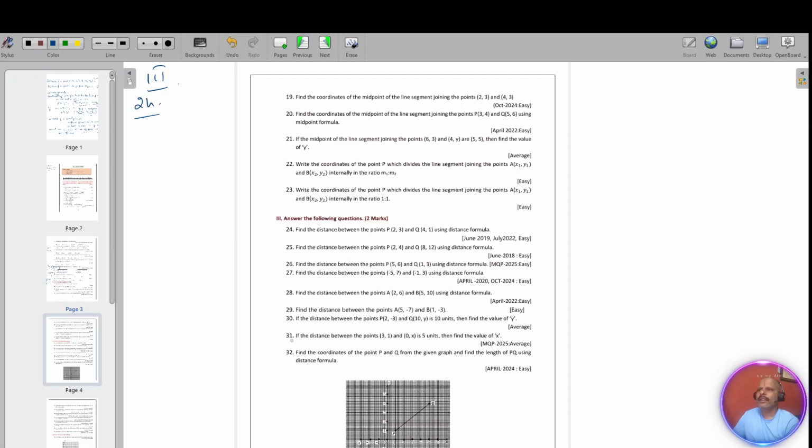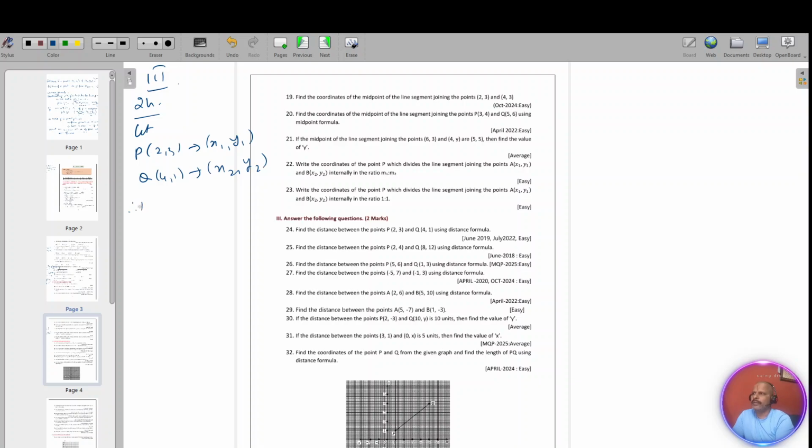24th. Find the distance between the points P and Q using the distance formula. I'll solve one. If they're similar, you can try yourself. We have seen this question in previous mains also. Let 2 comma 3 be x1 comma y1 and Q of 4 comma 1 be x2 comma y2.